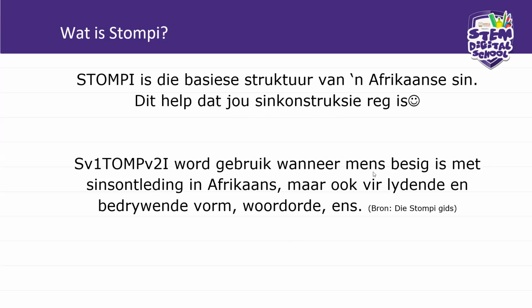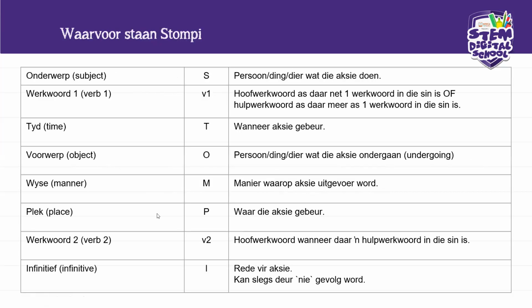Dit word gebruik wanneer mens besig is met sinsontleding in Afrikaans, maar ook lydende vorm en woordorde. So when we do passive voice, for instance, Stompie is also used for that.